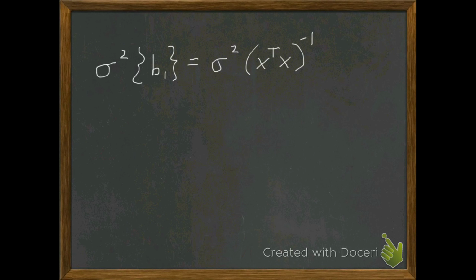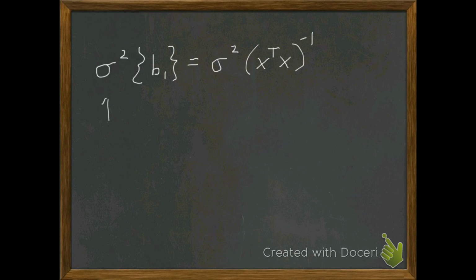Guys, it turns out that the standard error, which I will call this, of B1, actually it's going to be B0 and B1, is sigma squared times X transpose X inverse.